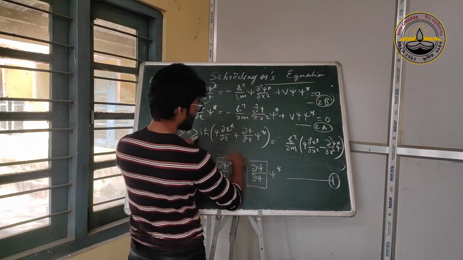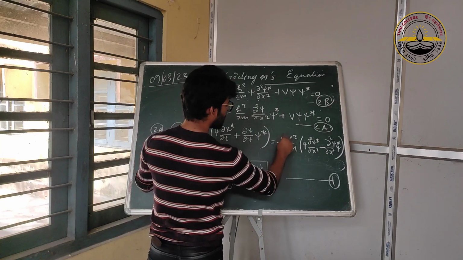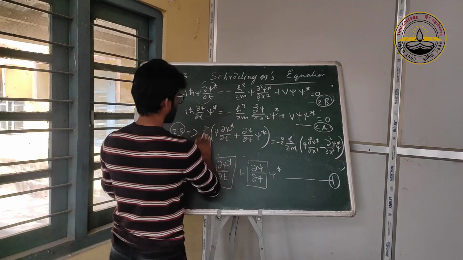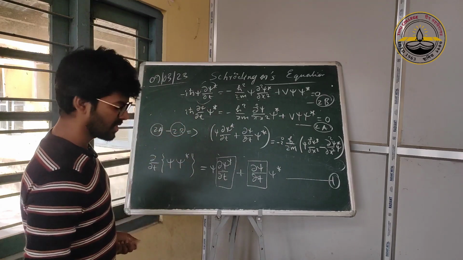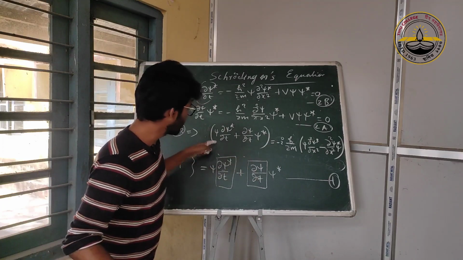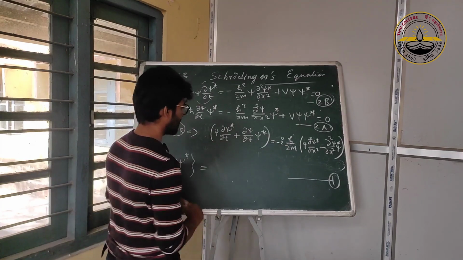So that becomes, i on the other side becomes minus i. 1 over i is minus i. And 1 over ħ goes away. So we have this. Therefore, we can replace this thing using this right hand side here.